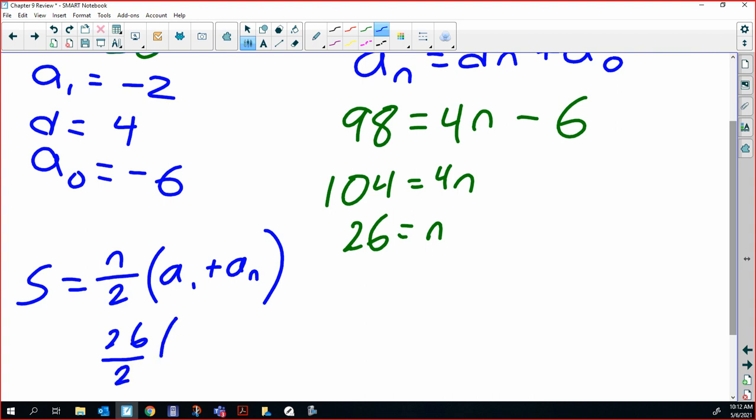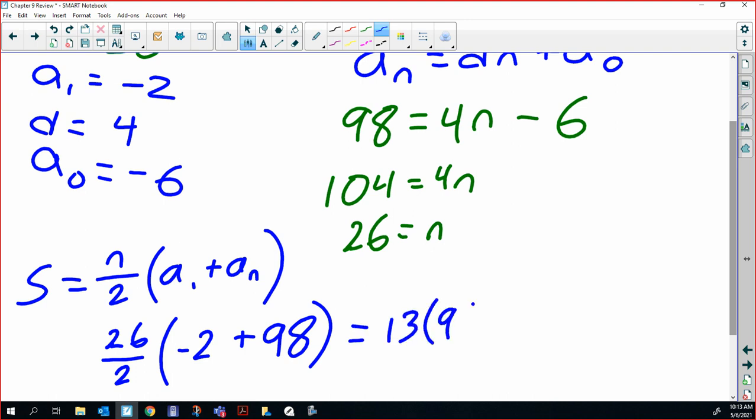The first term is -2, plus the last term, 98. So that's 13 times 96, which is 1248.